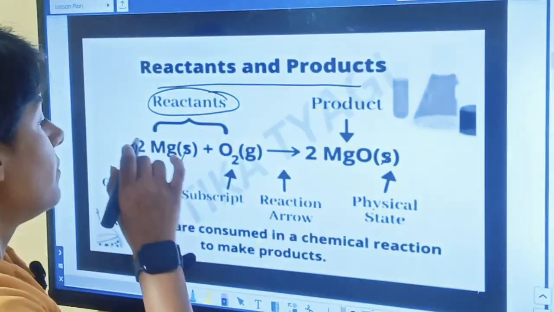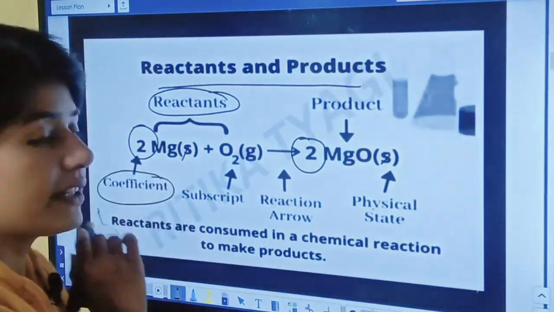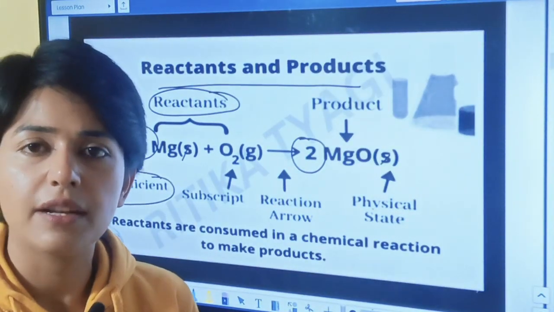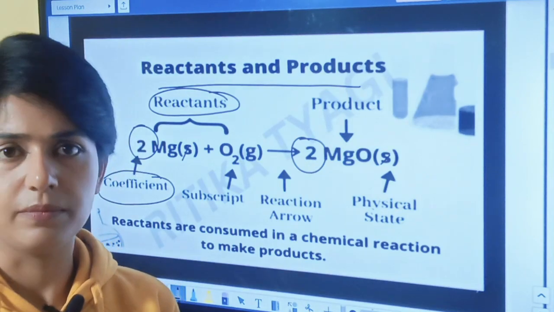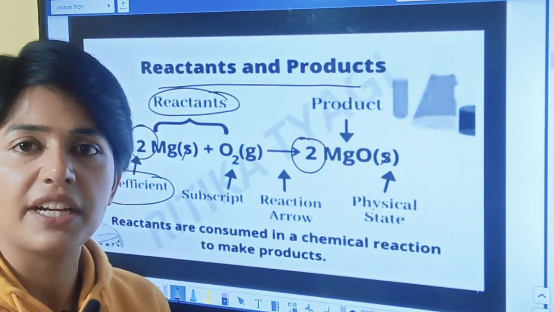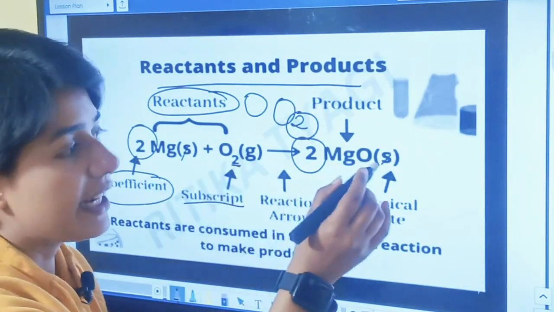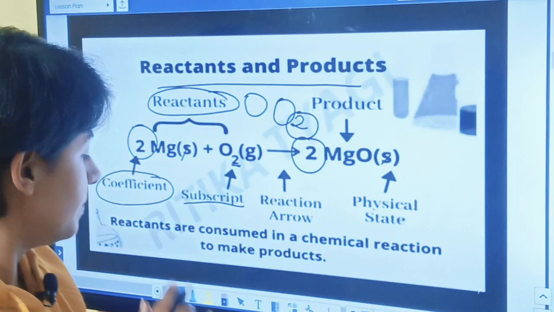The arrow indicates the direction of the reaction, and these two numbers are the coefficients of this reaction. What is a coefficient? A coefficient is a number which we use to balance the chemical reaction. Balancing of chemical reactions we will discuss later. S, G and S represent the physical states of the reactants and products.